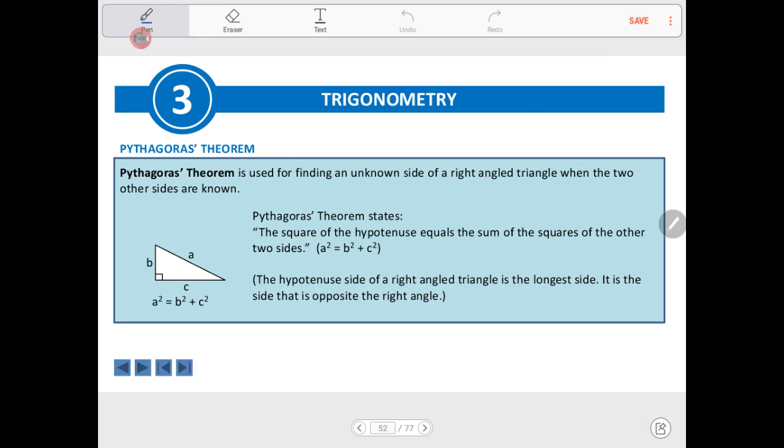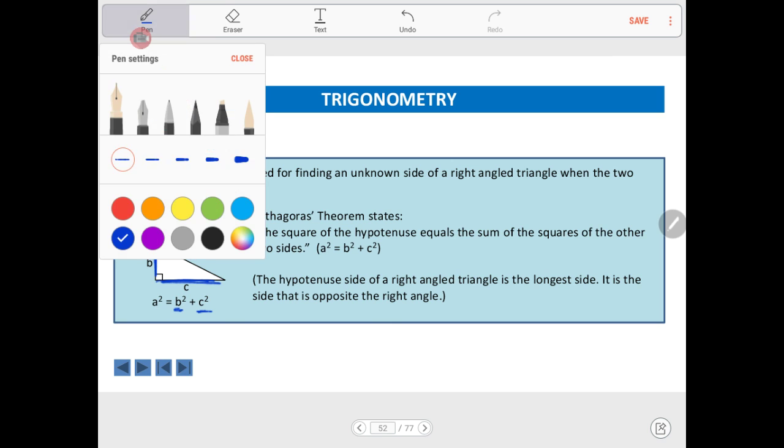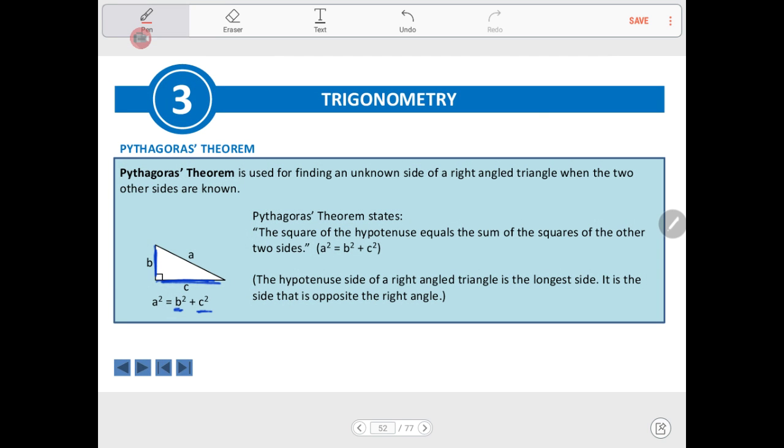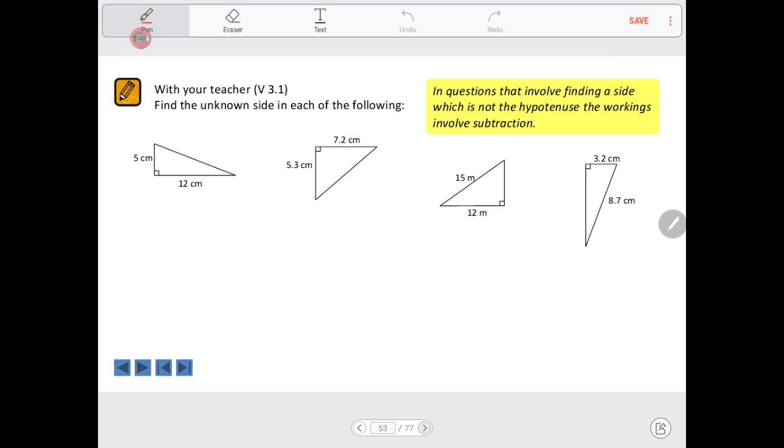It relates to right-angle triangles, and the rule is that if you take this side and square it, and take this side and square it, then that will be equal to this side squared. So we use this to find the unknown side of right-angle triangles, like these ones.